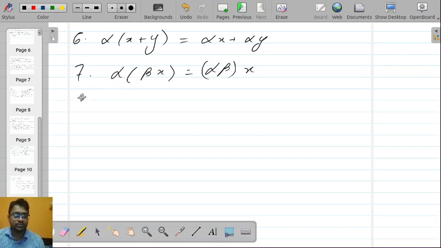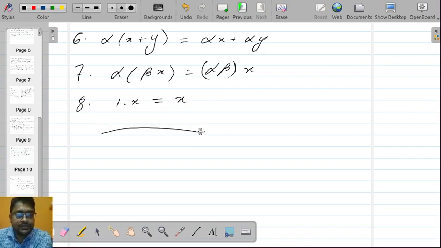And 1 into x, if we take the number 1 and multiply it with x, this is always equal to x. So this is also one of the properties, 1 into x is always x, for all x in R to the power n. So these are the properties.